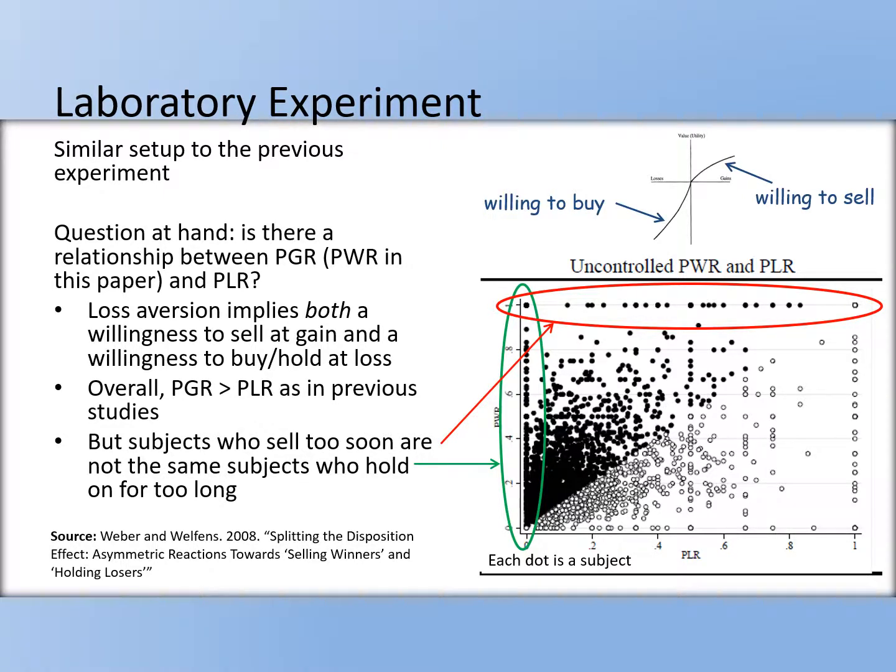Right, so the denominator is a bit different. Because in all the previous cases, the denominator is total shares. In this case, I think it's not. This case, it's just of all the stocks you hold that have gained in value, how much of that do you sell? So these people at this very top are the ones who sell all the stocks that have gained in value.